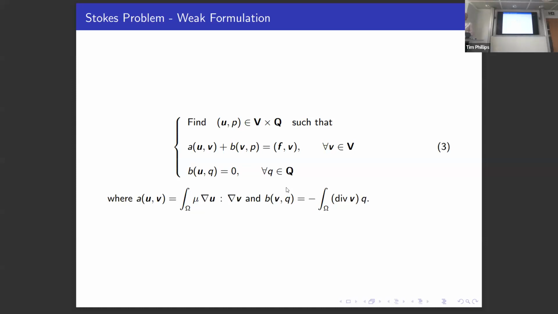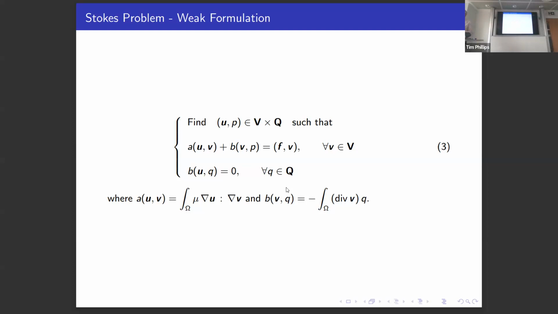In the weak formulation, there are two bilinear forms, A and B. A has the properties of being continuous and elliptic, and B is continuous, but B must also satisfy a property that is known as the inf-sup condition. And this gives you the type of spaces you can use for velocity and pressure. So you can't choose velocity and pressure independently.